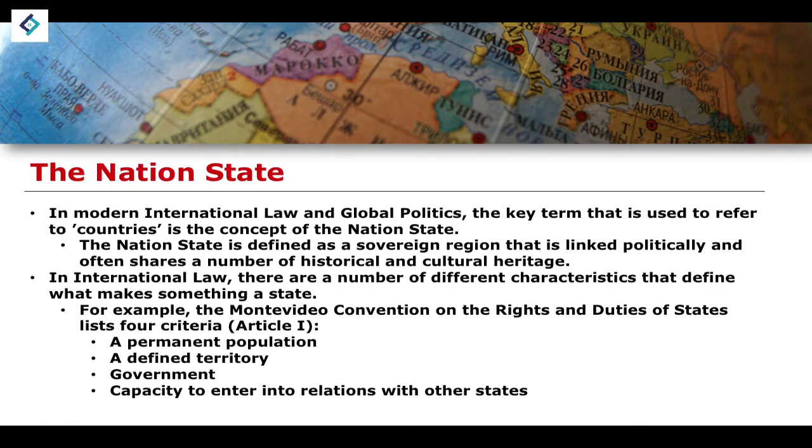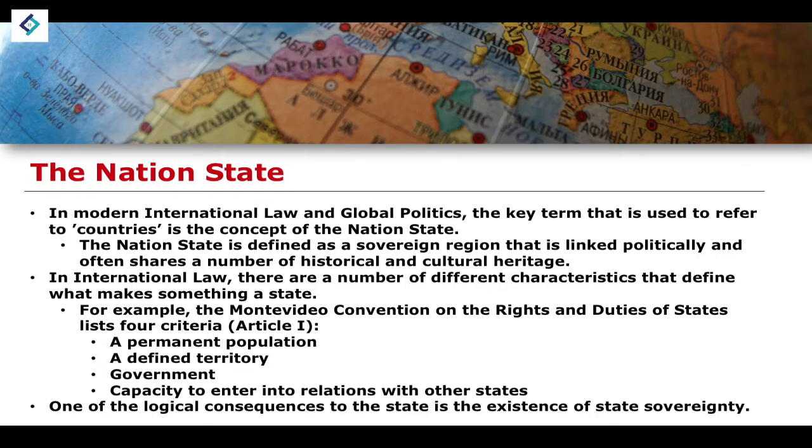And the idea being that if you can satisfy the fact that you have a permanent population, you can satisfy the fact that you have a territory, and you can satisfy the fact that you have a government, you then automatically would have the capacity to enter into relations with other states. That's just a little bit of theory there for you. Whatever the debate may be, you can talk about that in the comments if you want.